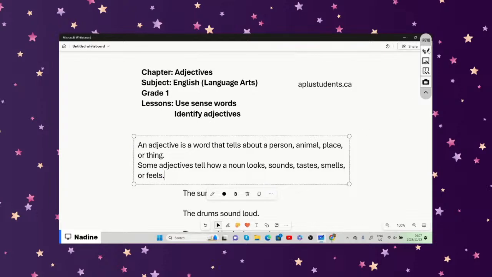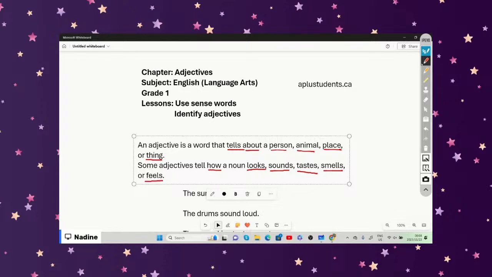So that is what I was mentioning about the senses, right? A noun is basically a person, animal, place, or thing. So an adjective tells us how a noun looks, how it sounds, how it tastes, how it smells, or even how it feels.